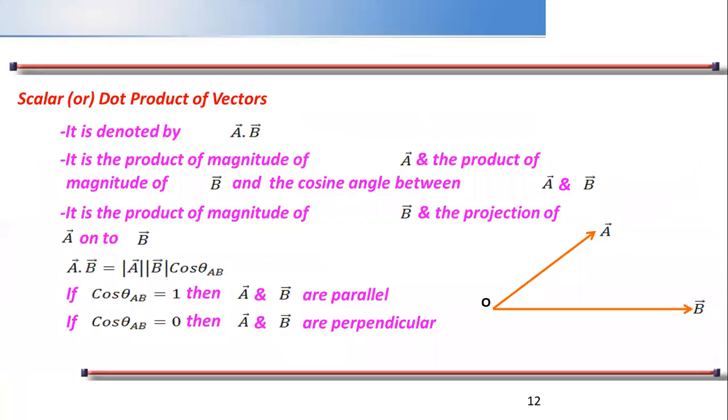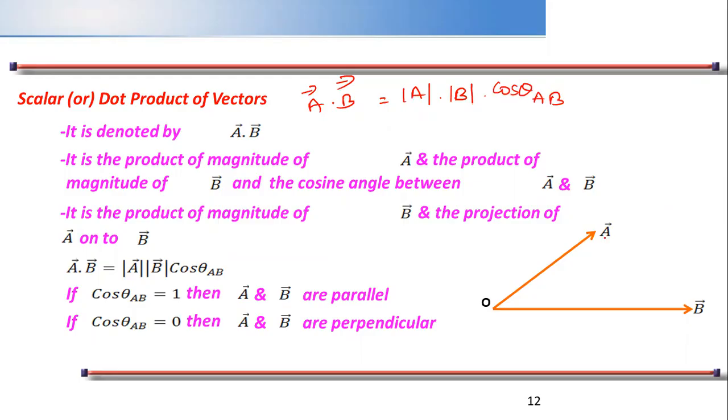Okay. So the scalar product or the dot product is denoted by A dot B. What is it actually? It is the product of the magnitude of A and the magnitude of B and the cosine of the angle between A and B. So it is magnitude of A into magnitude of B into cos theta AB.